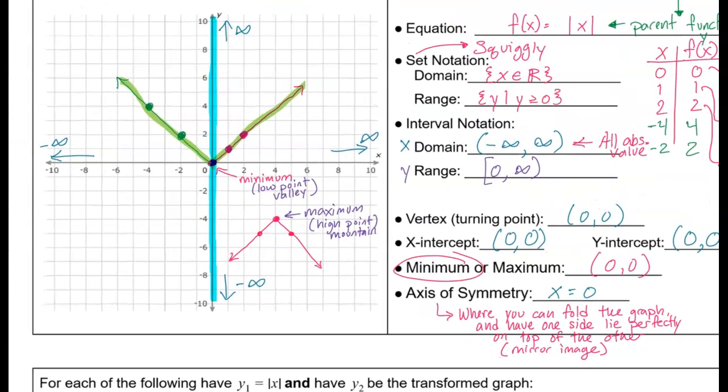So if we had an axis of symmetry along the x-axis instead, what do you think the equation for that would have been? Kaylee, if we had an axis of symmetry that is the x-axis, what do you think the equation for that would have been instead?